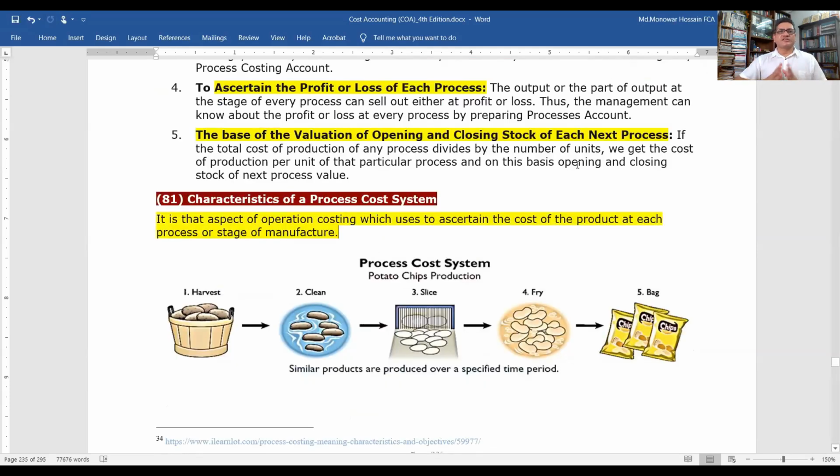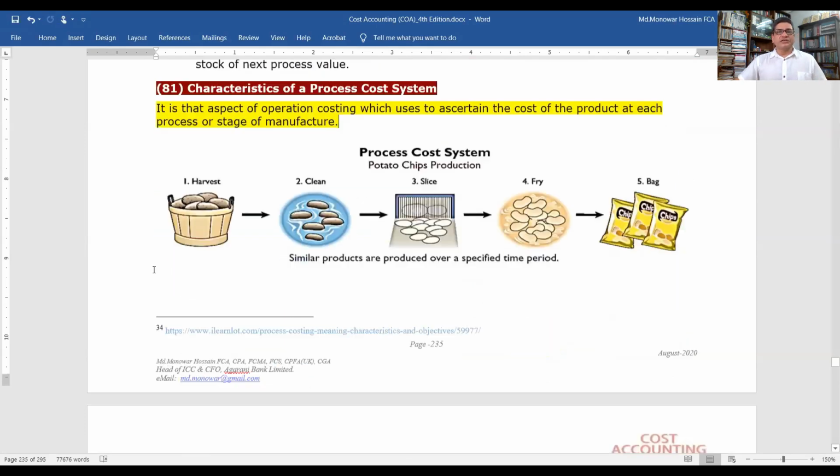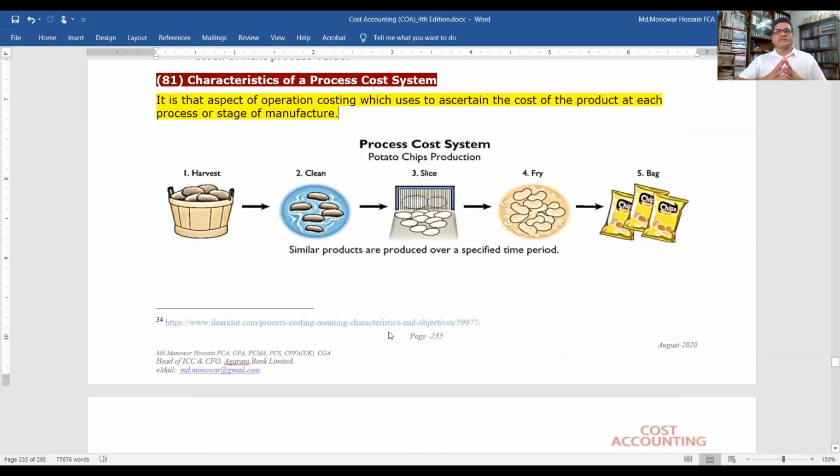Characteristics of a process cost system: it is that aspect of operation cost which is used to ascertain the cost of production by process or stage of manufacture. Look here at a process cost system, as in potato chips production. First is the harvest of the potatoes.